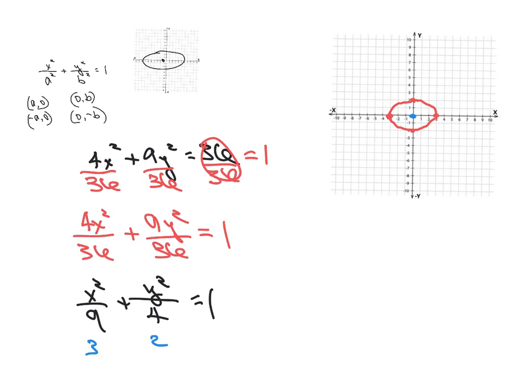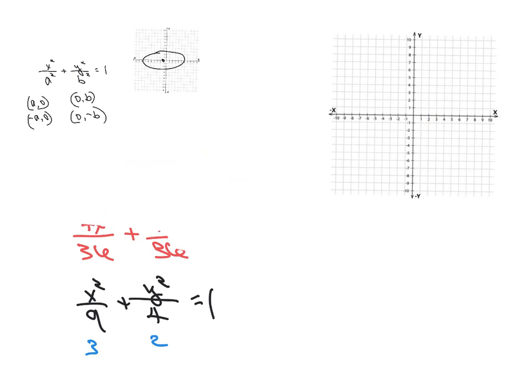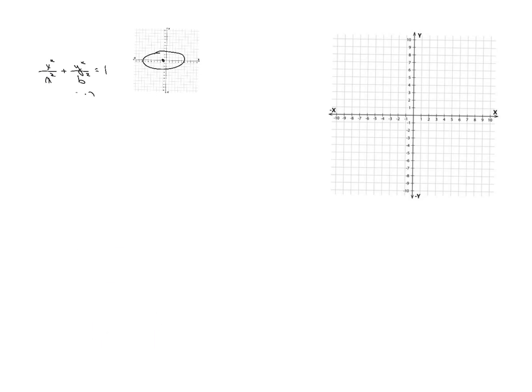Okay, so next section has to do with what are called hyperbolas. So let me scribble on here what a hyperbola looks like, and we will go from there. All right, hyperbola basically is like this. So kind of an ellipse cut in half and flipped over, or it could look like this.